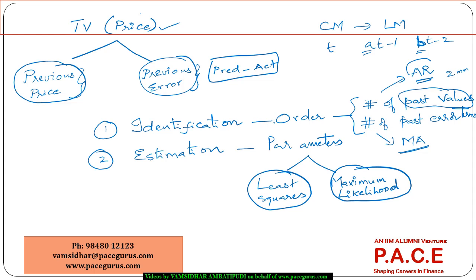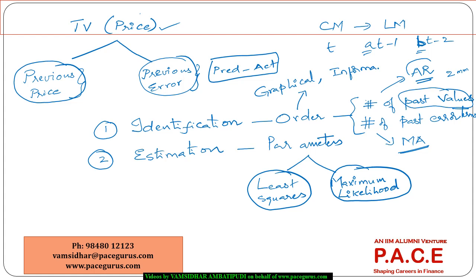So the first step is looking at the order, and for the order I can use different mechanisms again. To determine the order, I can use either a graphical method or information criteria.